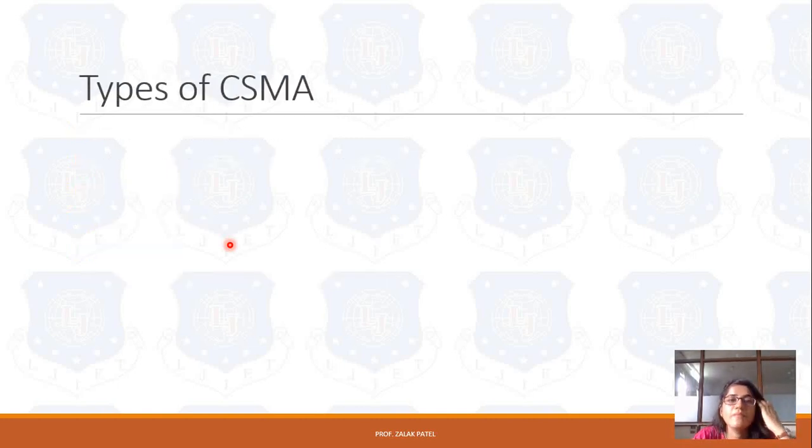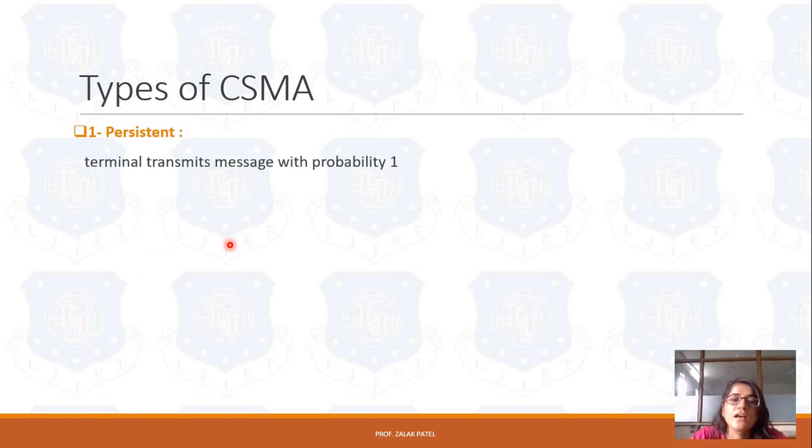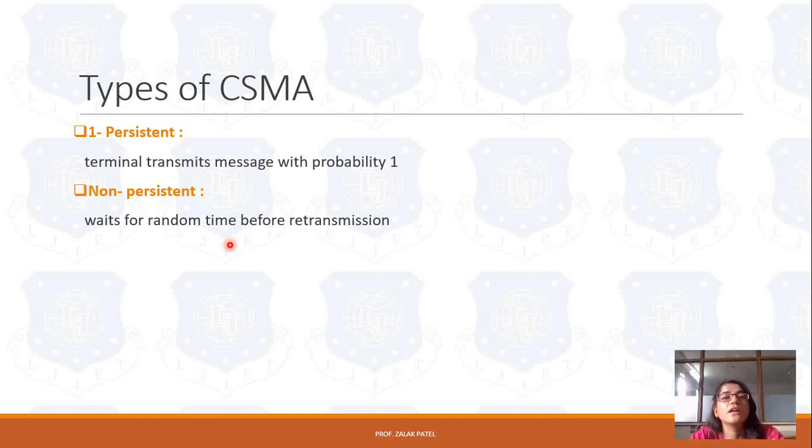Now next is the types of CSMA. First is one-persistent CSMA, where a packet is transmitted with probability 1. A terminal that transmits the message with probability 1 is called one-persistent. Non-persistent means there is a wait for a random time interval: once the packet is transmitted to the other end, it waits for a random time interval, and after that the second packet will be transmitted.